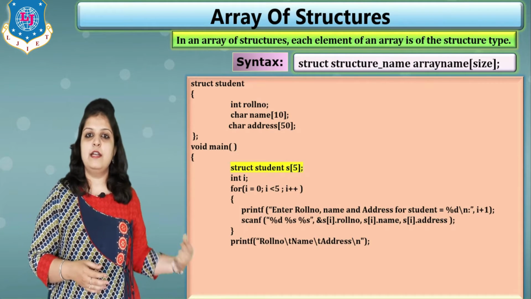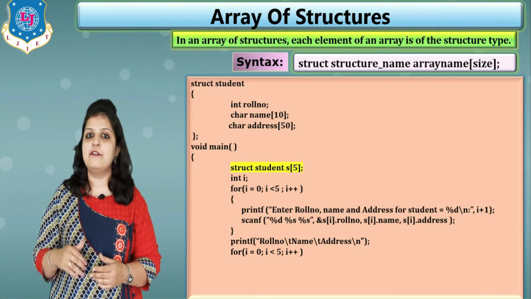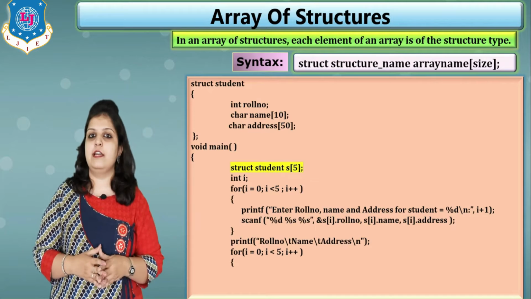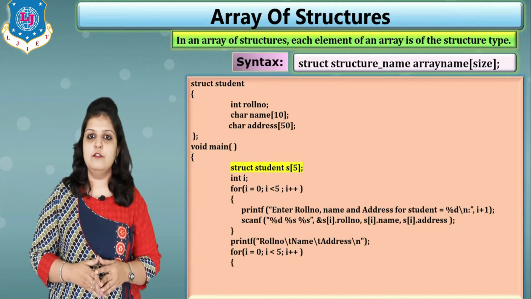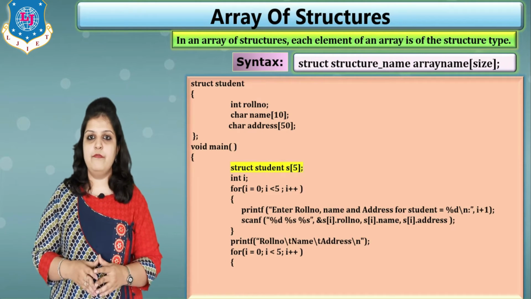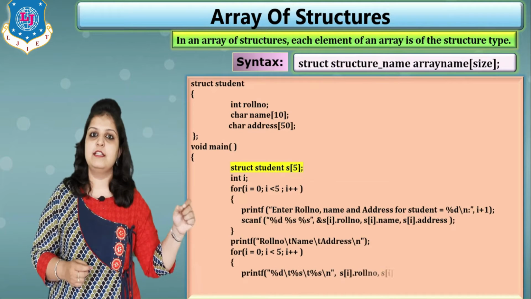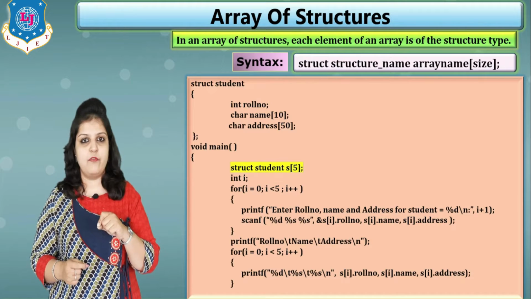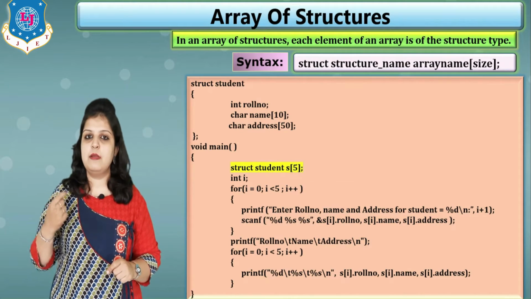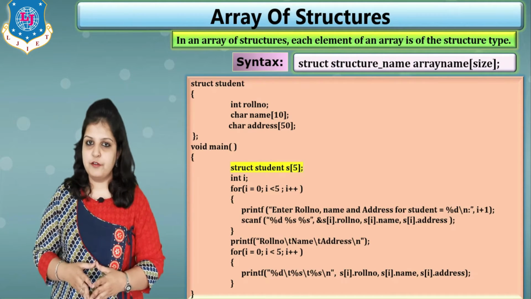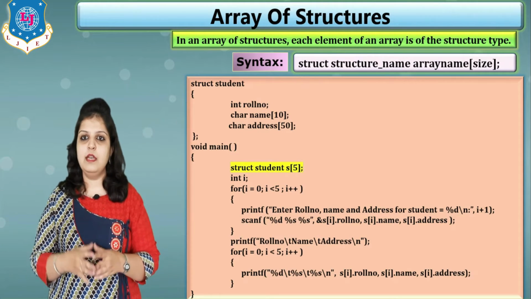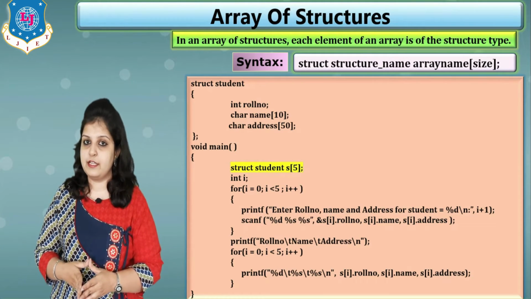And again I write one for loop, because I want to print the data of the 5 students which I entered earlier. In the for loop, the printf function has %d for roll number, %s for name and %s for address, and our first member is s of i dot roll number, the second is s of i dot name, and the third is s of i dot address.